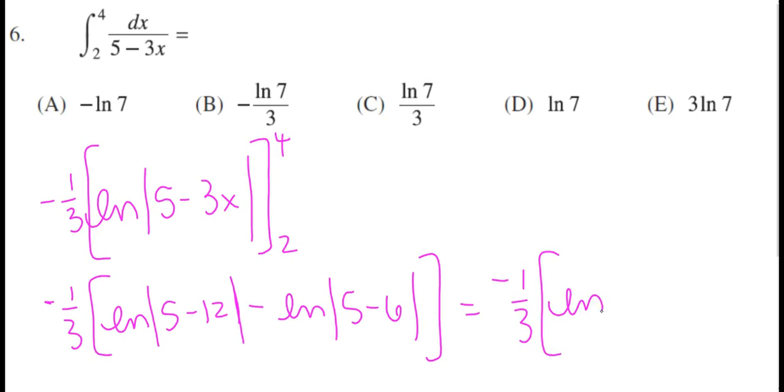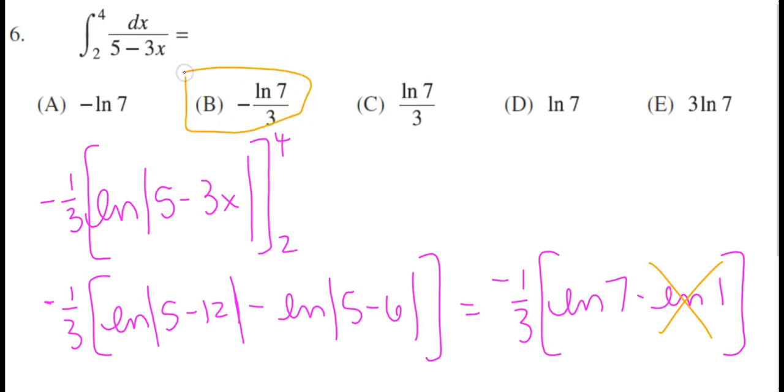Absolute value of negative 7 is positive 7. 5 minus 6 is negative 1. Absolute value of the negative 1 is positive 1. But ln of 1 is 0. So I've got negative ln of 7 divided by 3.